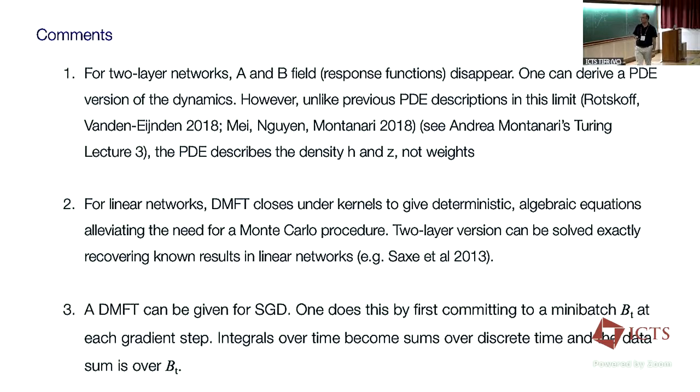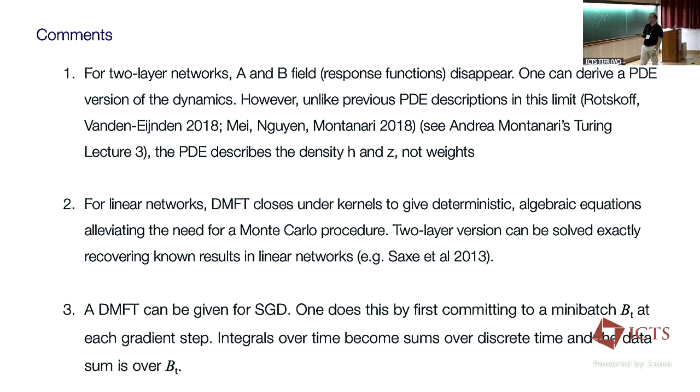So I didn't talk about this, but I could give a DMFT for SGD. I just want to be clear about what I mean by this. I'm not going to do a data averaging or something. If you give me, let's say MNIST or something, and divide it into certain batches, I can write a similar looking equation. It's just operating on this set of batches.